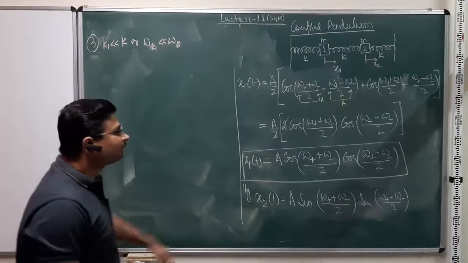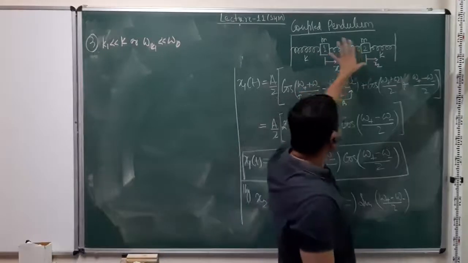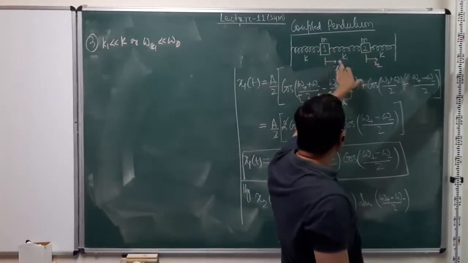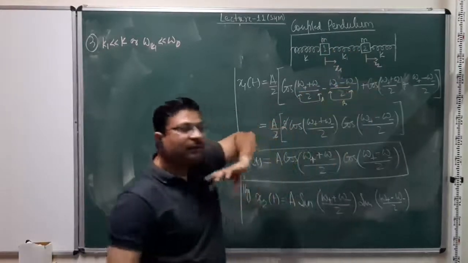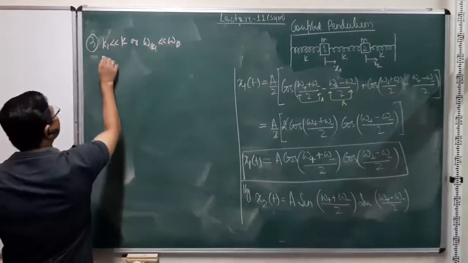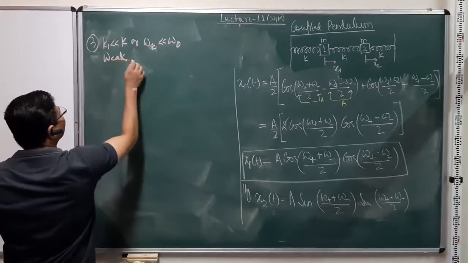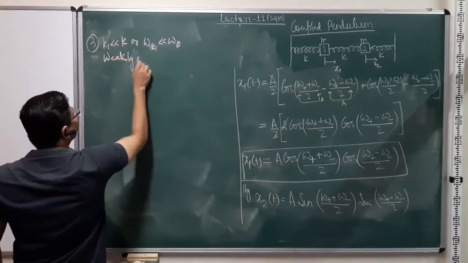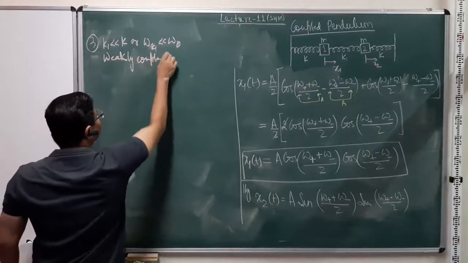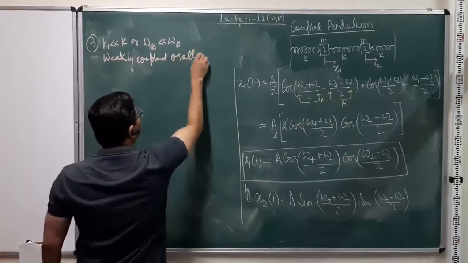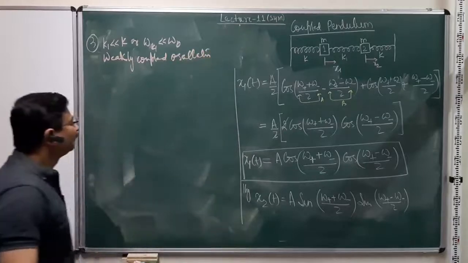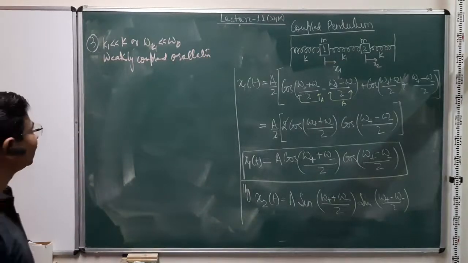So that means the oscillators have some characteristics, however the coupling is rather weak. So this is the case of weakly coupled oscillators. Compared to their natural frequency, the coupling is rather weak.